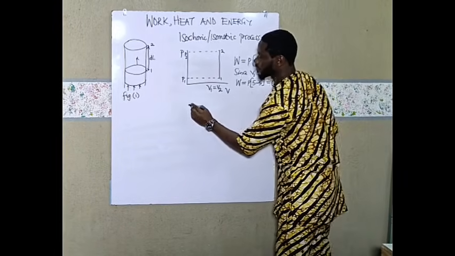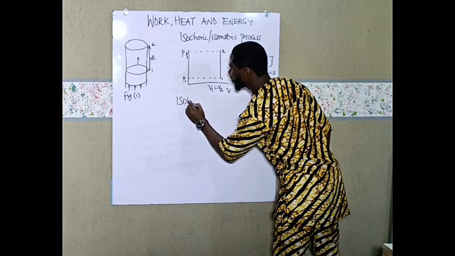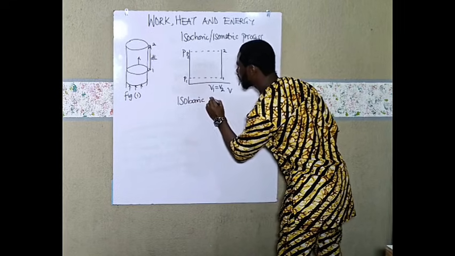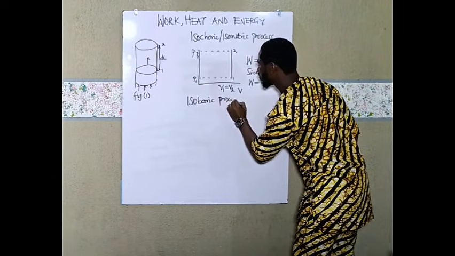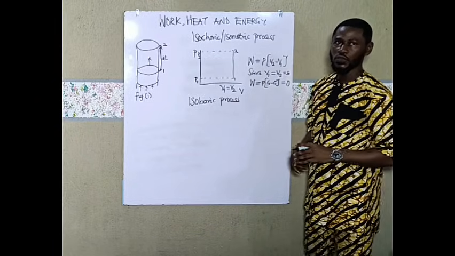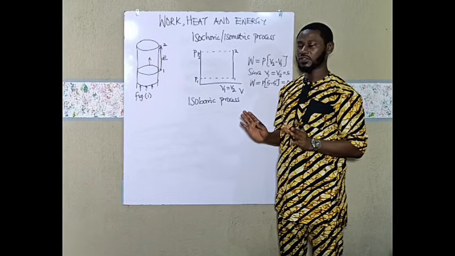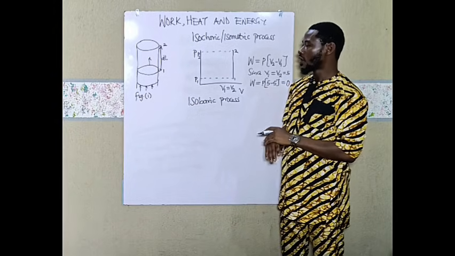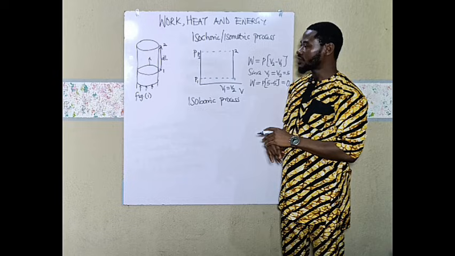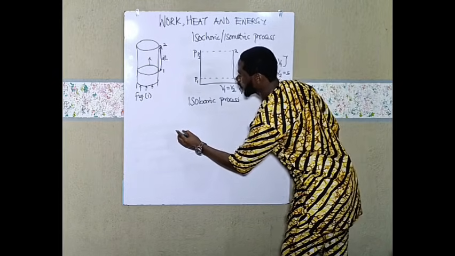The next one is the isobaric process. An isobaric process is a process in which the pressure is held constant throughout the process. Going back to the PV diagram, we can illustrate this in figure 3.